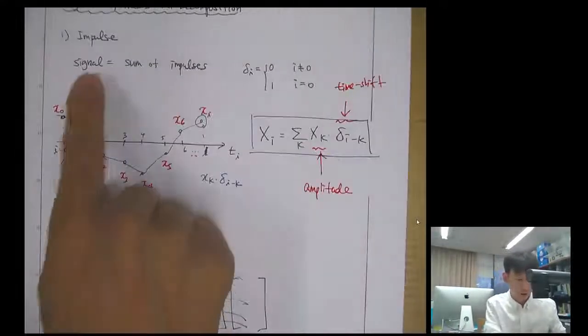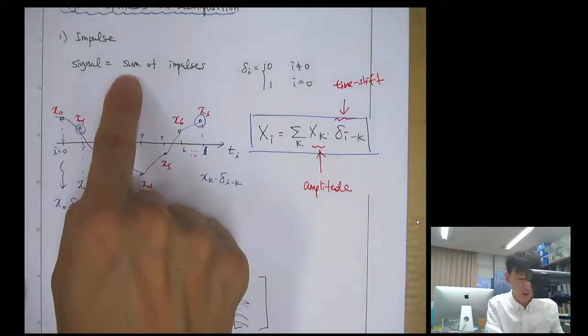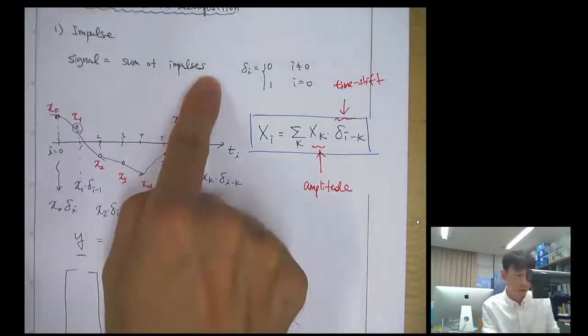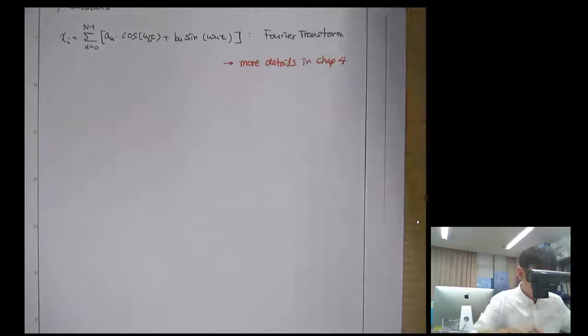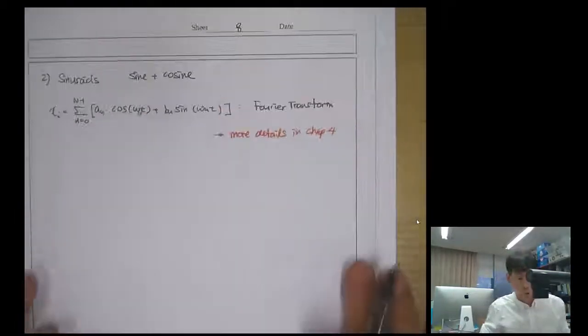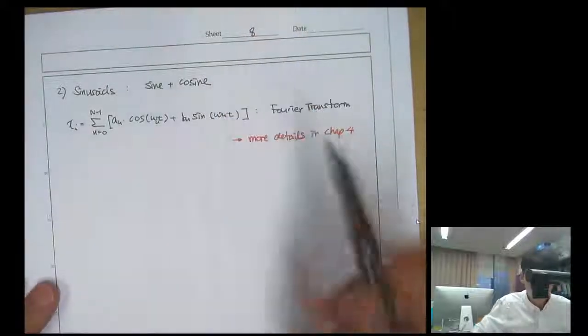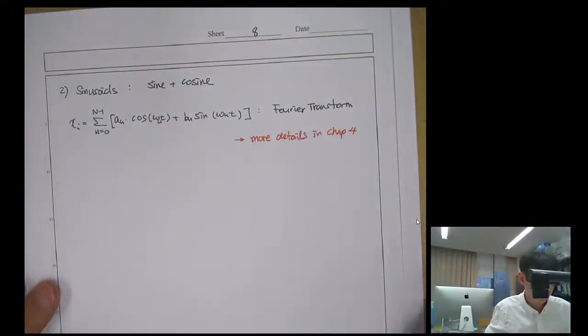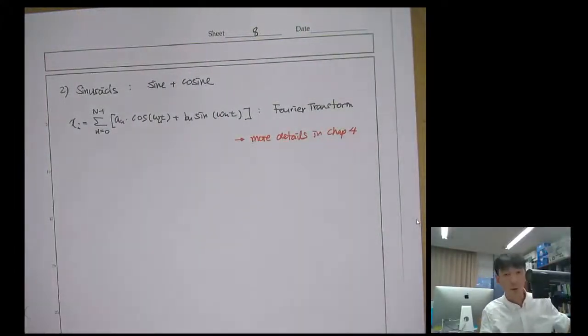So the signals can be synthesized using the impulse signals and also using sinusoidal signals. Actually, all the signals can be expressed with sine and cosine functions, and this is the basic concept of the Fourier transform.